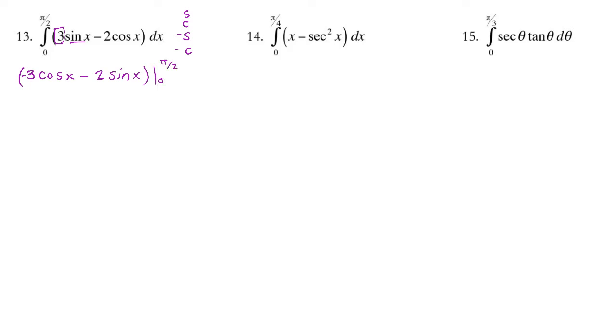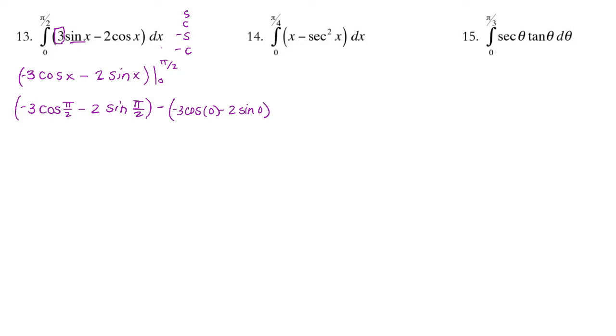So substituting in our values, we have negative 3 cosine pi over 2 minus 2 sine pi over 2. Okay, and now we're going to do minus, and we're now going to substitute in 0. So I have negative 3 cosine 0 minus 2 sine 0.